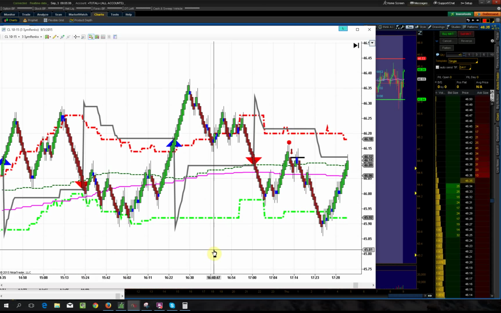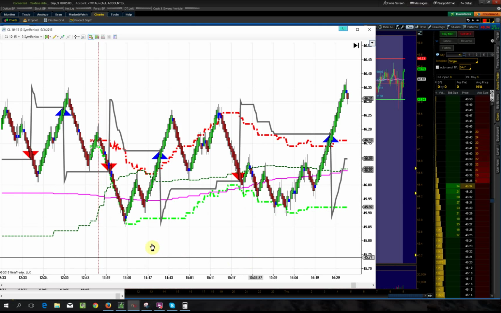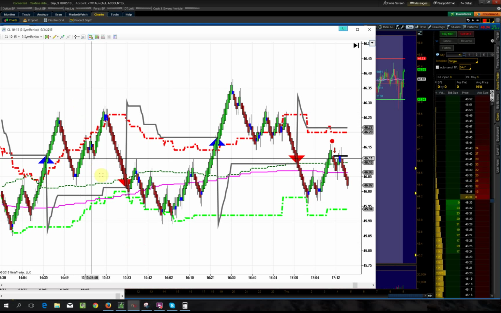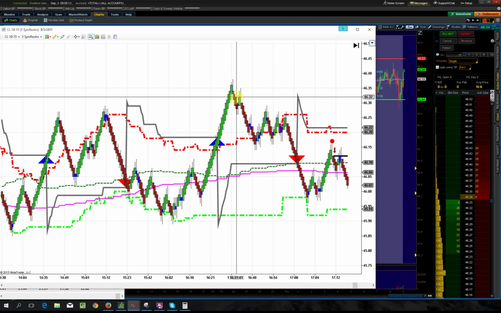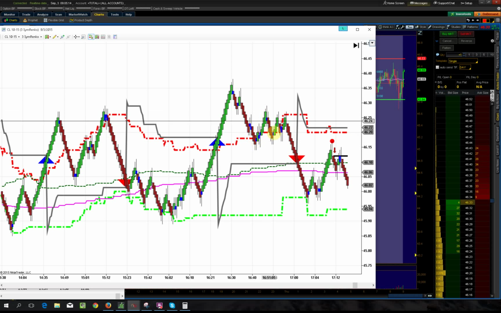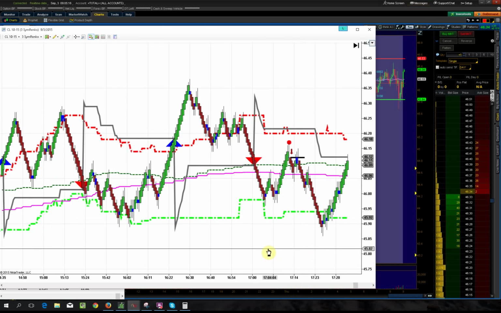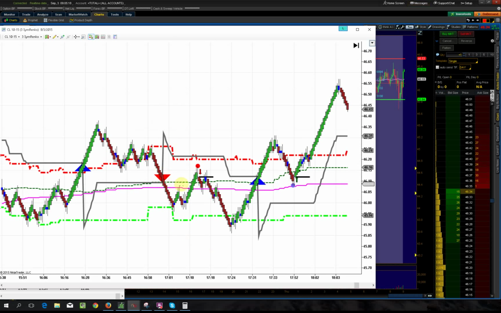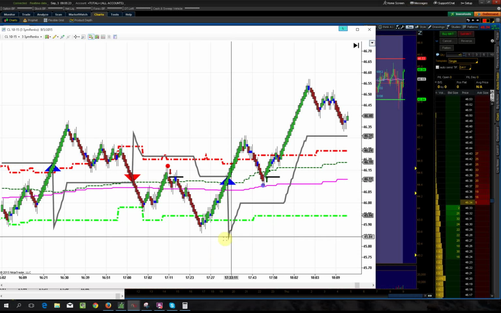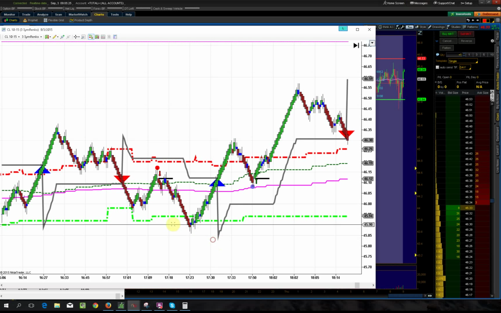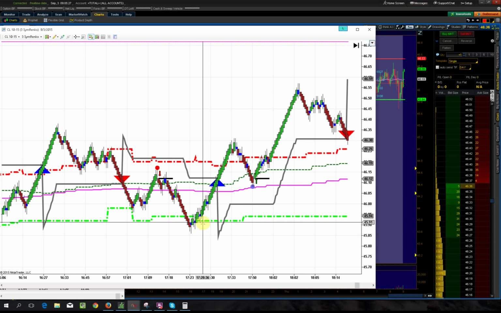So it took a while for it to establish, so you didn't really know it was a sideways range, right? It's breaking out. This one broke out, looked like it was going to bounce, failed, came back in. So at one point you realize, okay, the moving average is now starting to move sideways. So what you do is you buy the low value area and you sell the high value area, and this is how you do it.